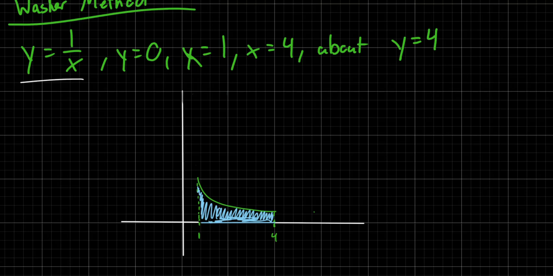And I'm revolving this around 4. So let's say 4 is about right there. So I'm revolving it around this line now, no longer an axis. So I'm just going to copy paste the same graph up above.